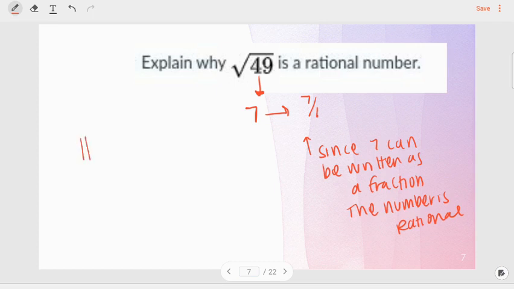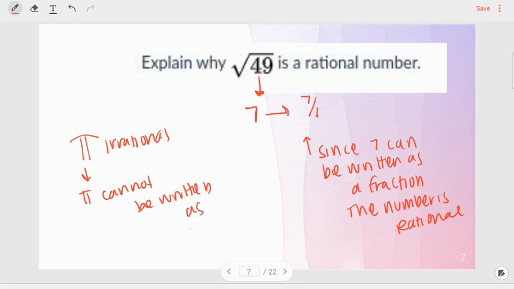If I had talked about pi and why that was irrational, I would say pi cannot be written as a fraction.